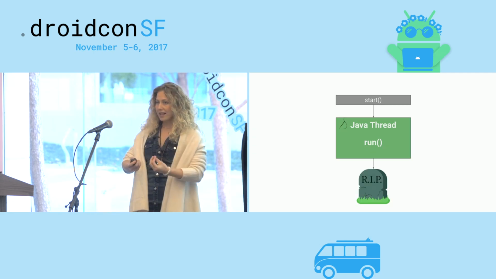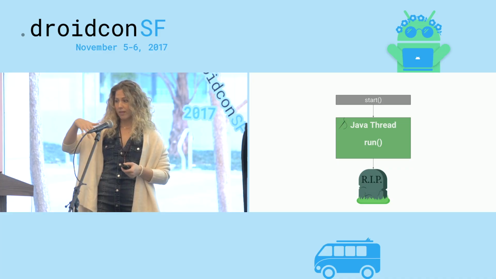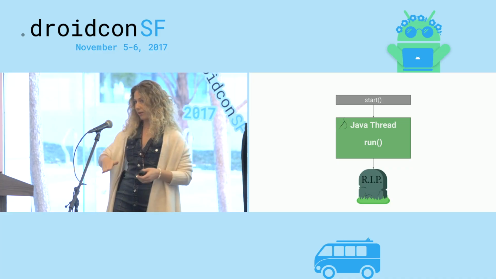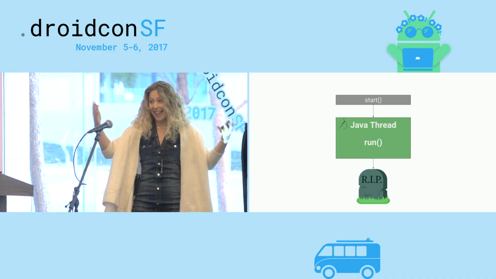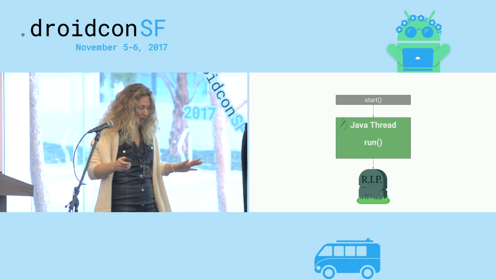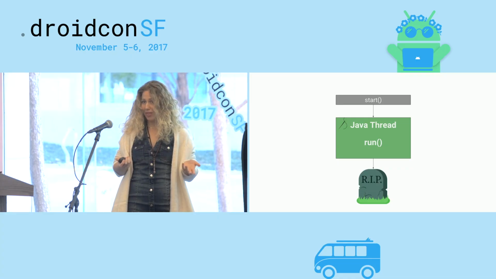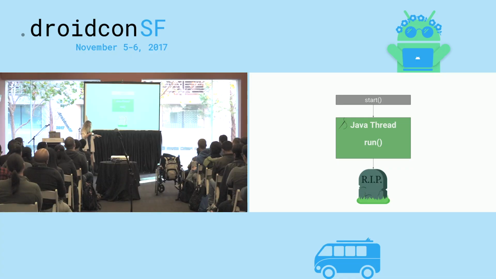Now, threads in Java, in general, when we start them, they have the run method. The run method runs, completes, and then they die. That's awesome and all, but we can't have the main thread die without us just killing the process. We cannot have that happen.